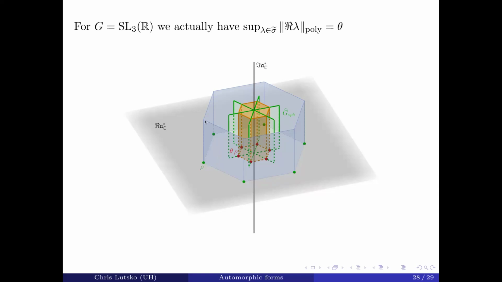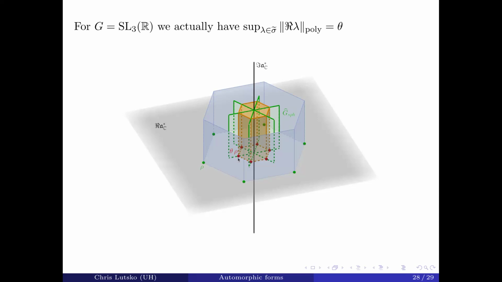For an infinite covolume subgroup, the spectrum will actually live in one of these orange polygons and will be separated from rho, so we'll have some gap here. This gap then controls the decay of matrix coefficients and controls the growth of points in different directions.